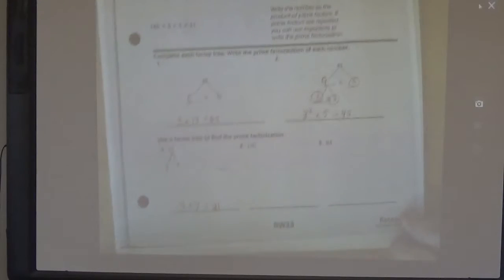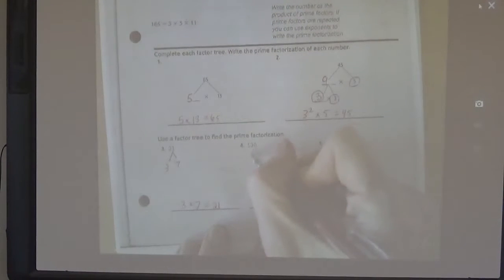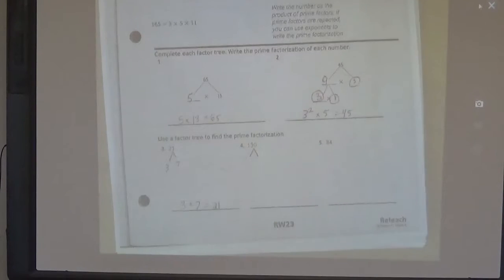Let's get to ones where this is where it gets fun, because you can decide. Not every tree is going to look the same at the middle and the top, because you might start with a different number than somebody else. But when you end up at the bottom with all the prime numbers, they should all be the same. So, when we start with 130, what number goes into 130?